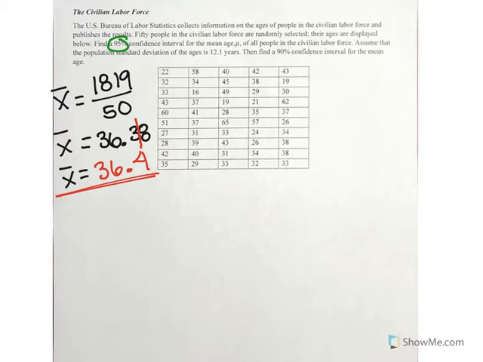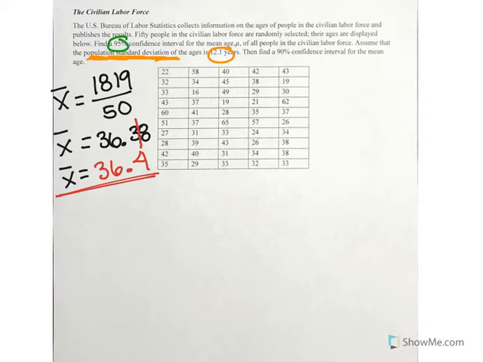Now, in the reading, they told us that the population standard deviation is 12.1.